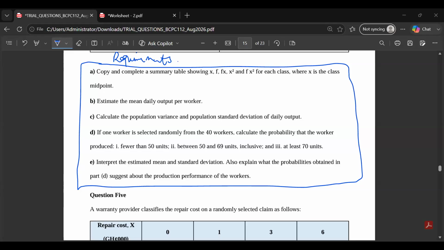D. If one worker is selected randomly from the 40 workers, calculate the probability that the worker produced I, fewer than 50 units, II, between 50 and 69 units inclusive, and III, at least 70 units. E. Interpret the estimated mean and standard deviation. Also explain what the probability obtained in part D suggests about the production performance of the workers.